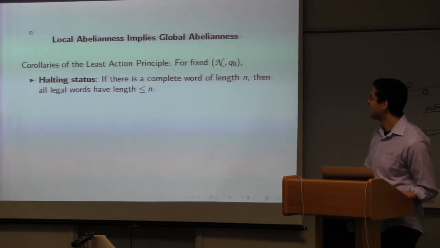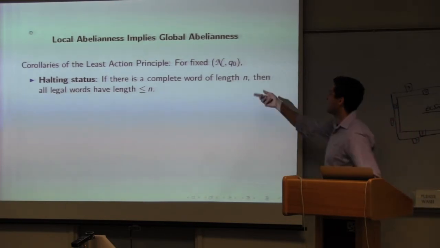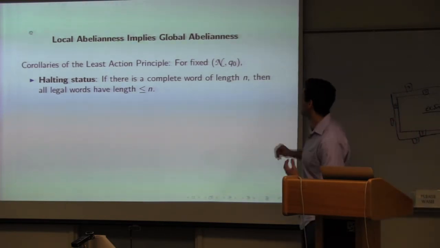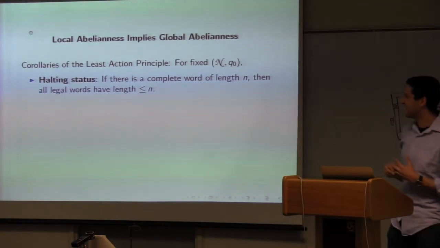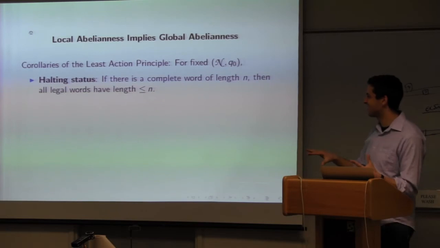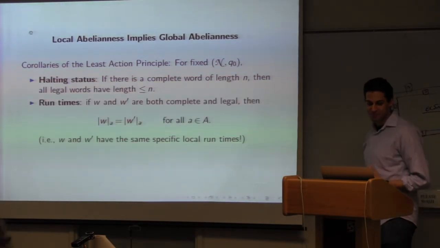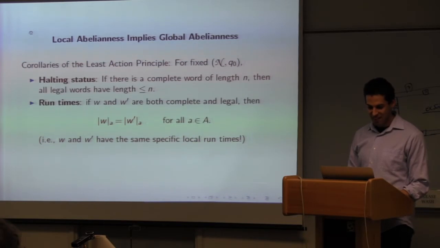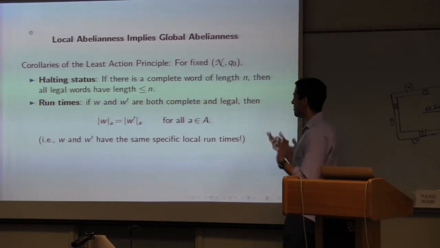So a complete word means an execution that halts. If there's one execution that halts of length n, then all the legal executions have length at most n. So everything halts. If you have 2 legal executions that halt, then they have the same specific local runtime.